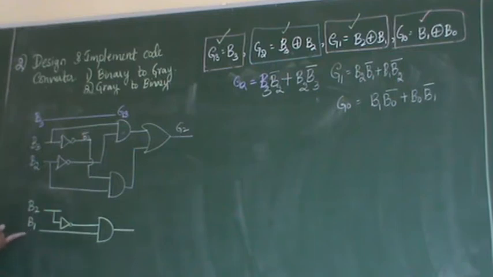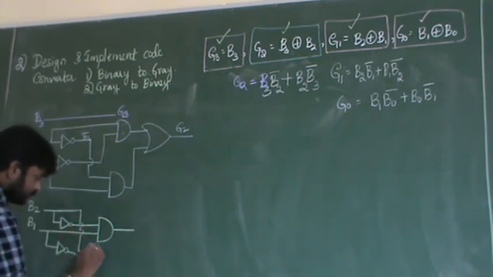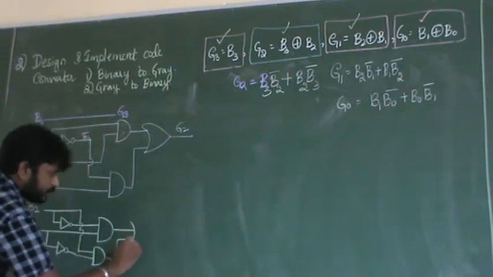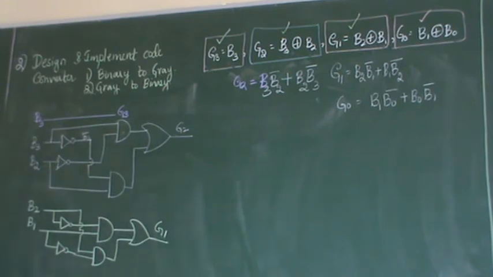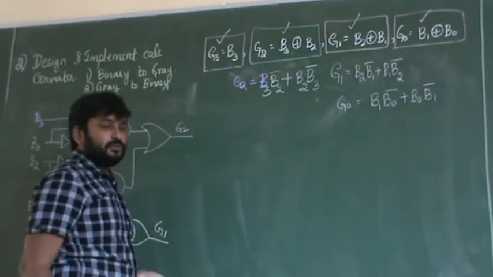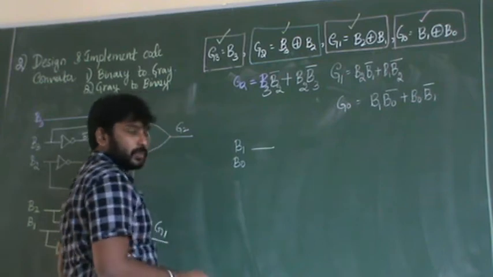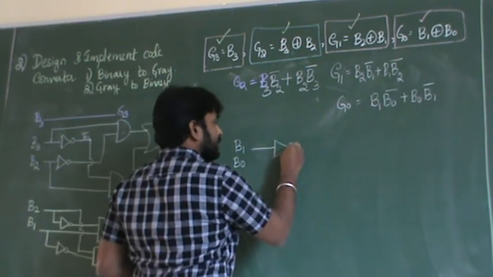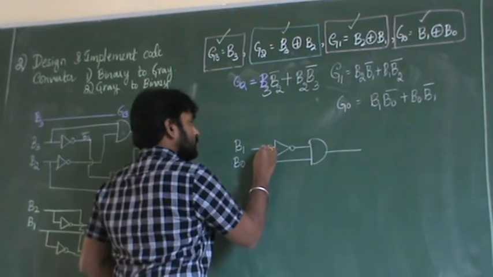B2 bar with B1 and again B1 bar with B2, I have to use one more AND gate. Finally, you can use one more OR gate to get G1. Next, you have to write the circuit for G0. So B1, B0. I'm using one inverter with this.